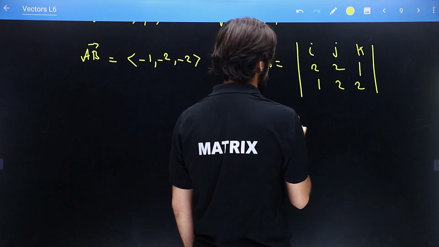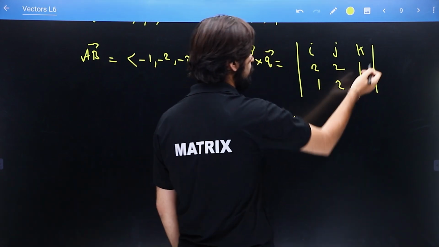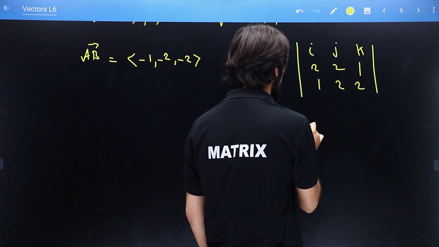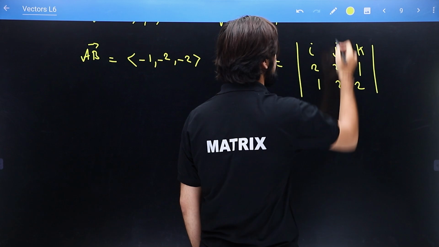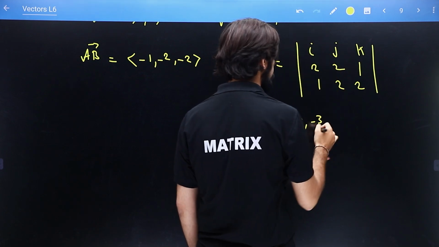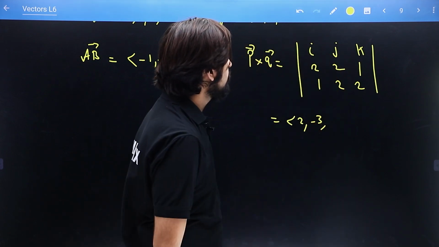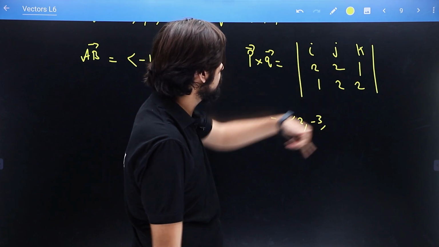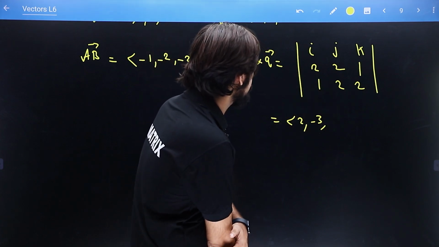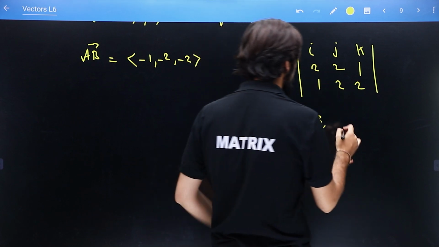First i: 4 minus 2, that will be 2. j: 4 minus 1, that will be minus 3. Then the last, k: 4 minus 2, again 2.